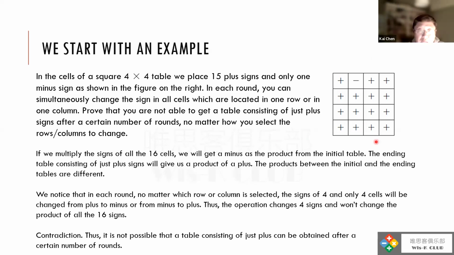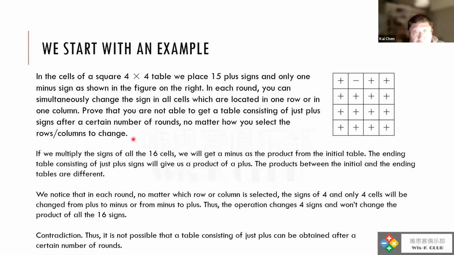Change the plus to minus or change minus to plus. And it's asking, is it possible that after a certain number of rounds, all the signs can be converted to plus? All the signs change to plus.